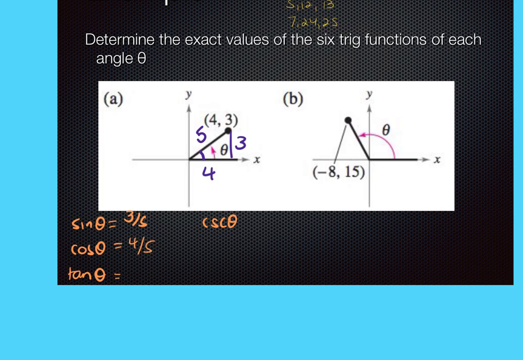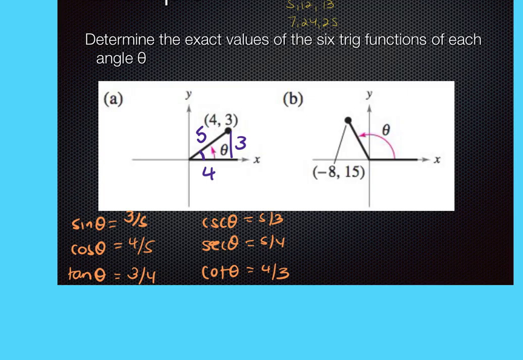What's the tan of theta? 3 over 4. And then for the reciprocal functions, we just flip them. 5 over 3, 5 over 4, 4 over 3. With me so far?